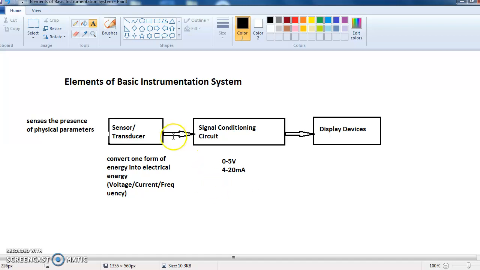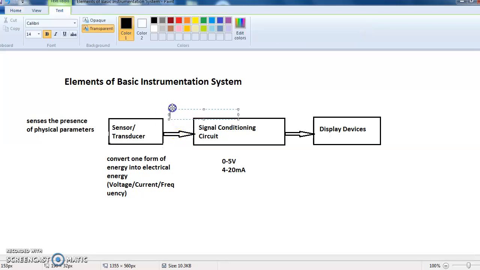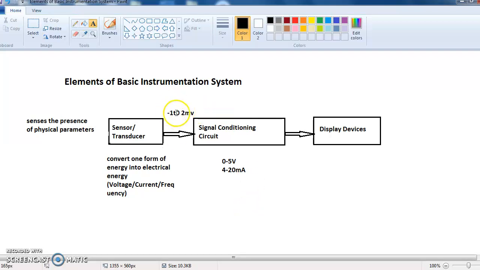Also, if I want to pass on the signal over a long distance, then I need to have enough strength in the signal. What does that mean? That means if my output here at the sensor level is, let us say, minus 1 to 2 millivolt, can I pass this signal to longer distances?